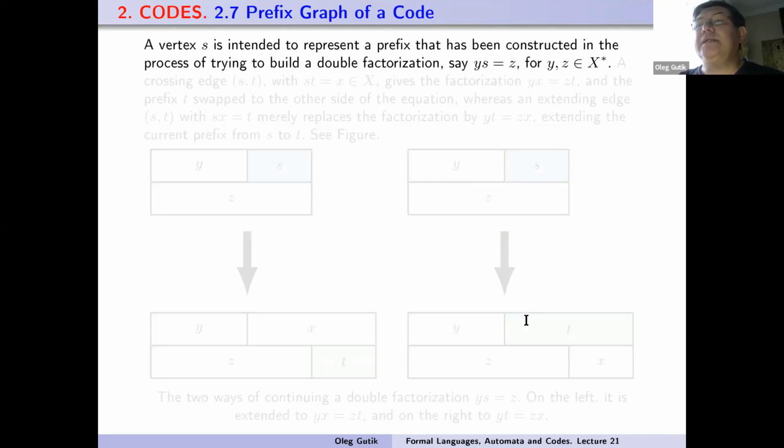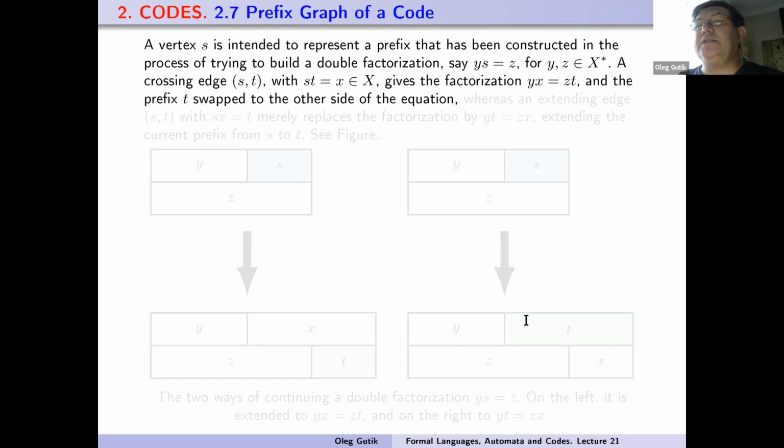A vertex s is intended to represent a prefix that has been constructed in the process of trying to build a double factorization, say ys is equal to z, for y, z from the monoid generated by X. A crossing edge (s,t) with st equal to x, which belongs to X, gives the factorization yx equal to zt, with the prefix t swapped to the other side of the equation.